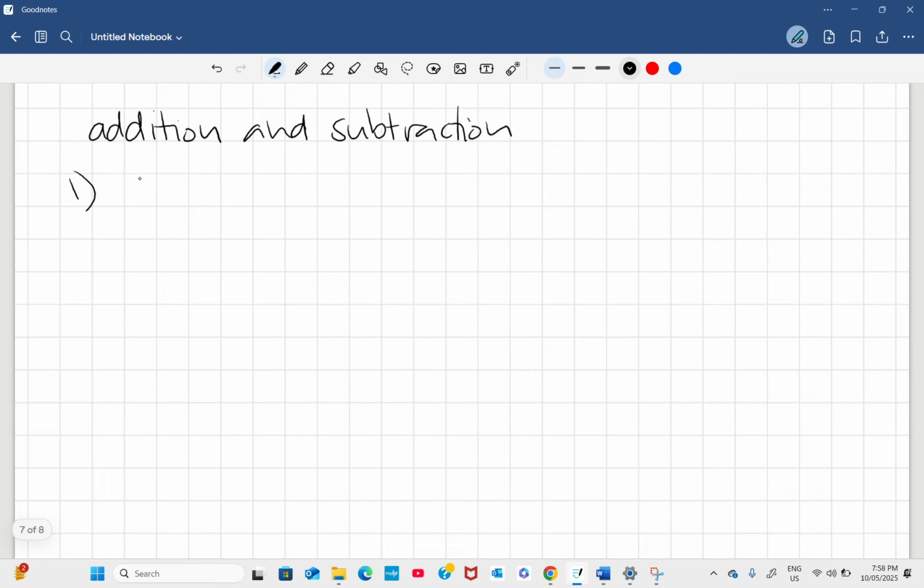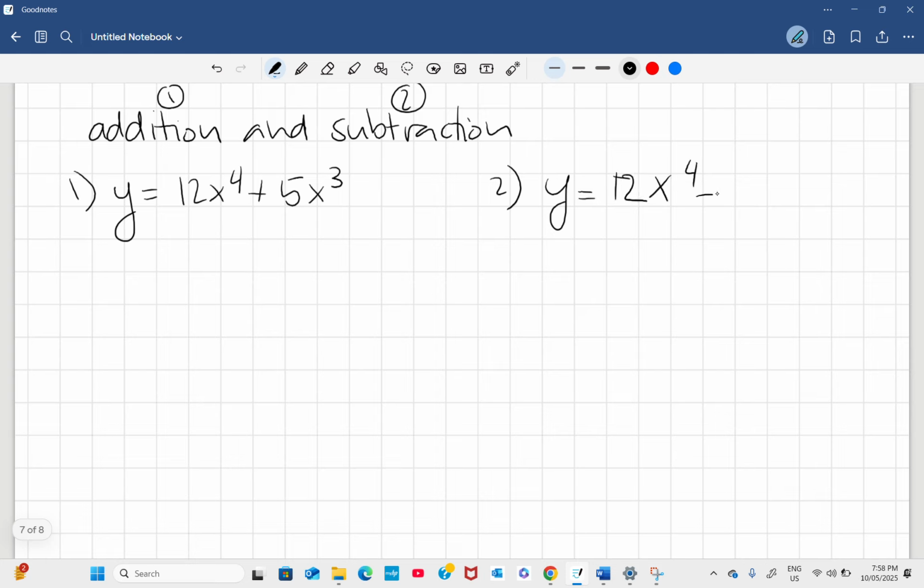I'll put 1 for addition, 2 for subtraction. For addition, y is equal to 12x to the power of 4 plus 5x to the power of 3. For subtraction, y is equal to 12x to the power of 4 minus 5x to the power of 3.